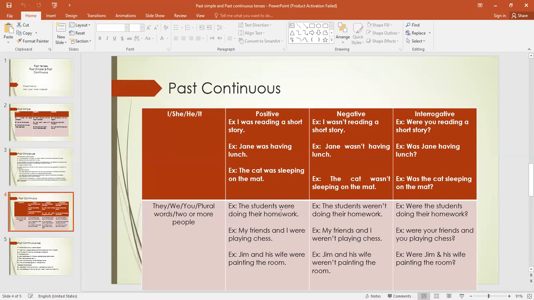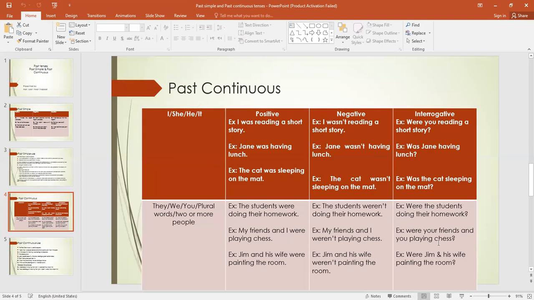So the students were doing their homework. The students weren't doing their homework. Were the students doing their homework? We have my friends and I were playing chess. Chess means شطرنج. My friends and I weren't playing chess. Were you, your friends and you playing chess?